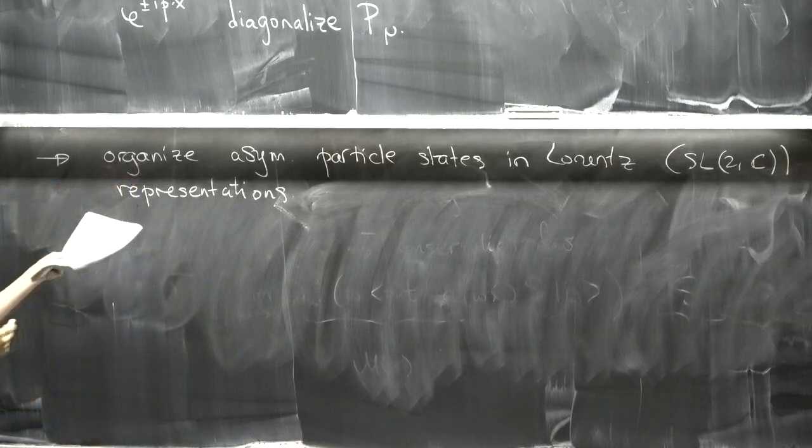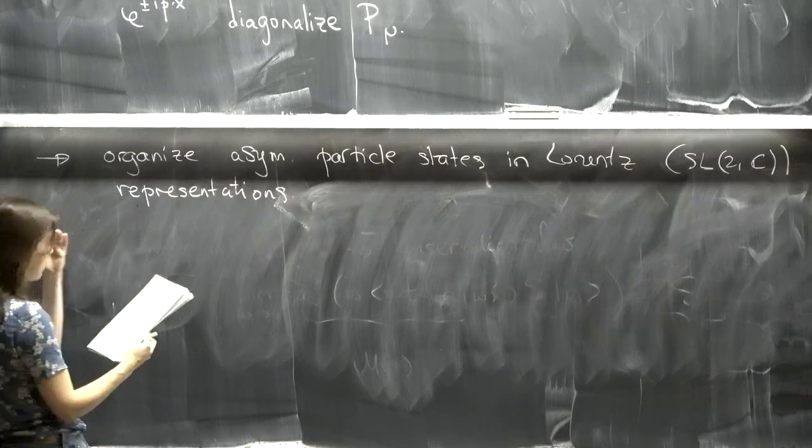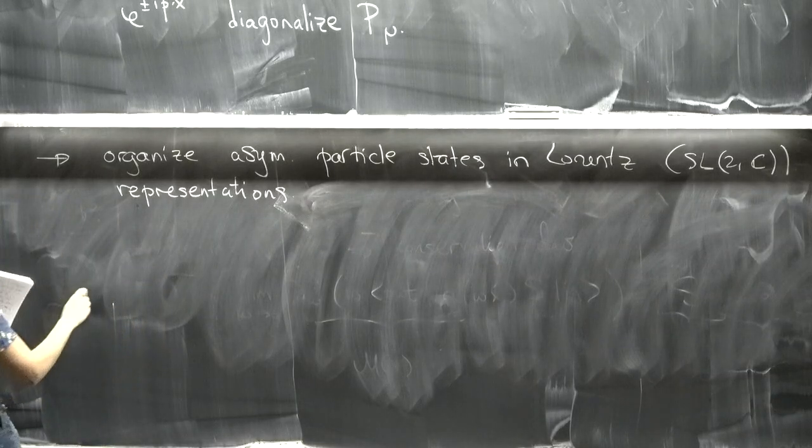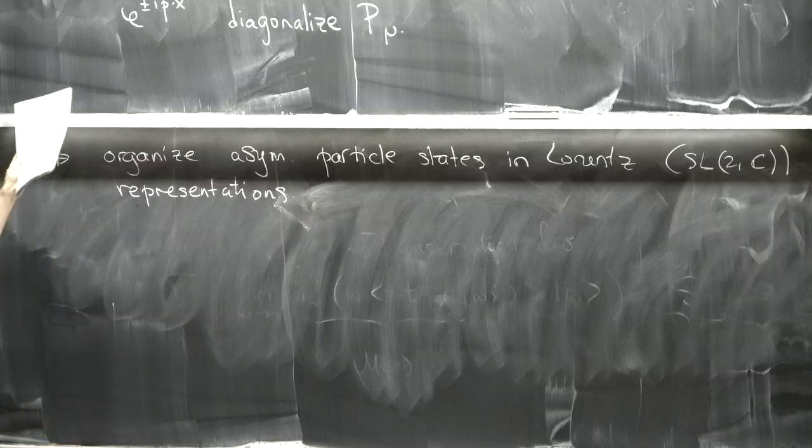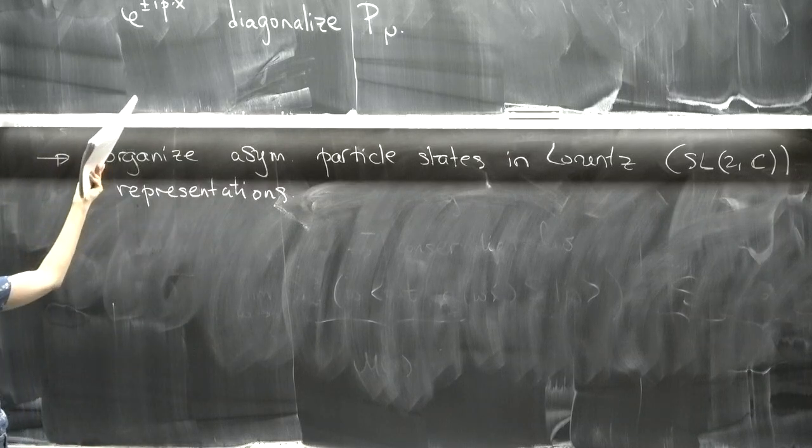These are, of course, smaller than the Poincaré representations, but they will be more useful in making more of the symmetries manifest. If one tries to do that, this plane wave basis suddenly becomes not so useful anymore.